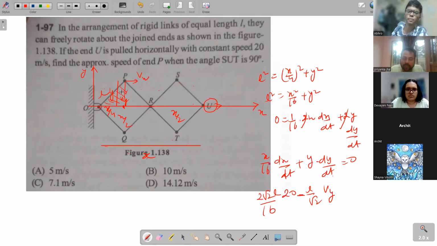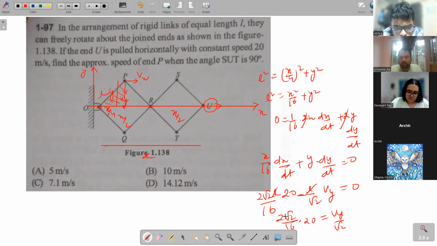Because the rate of change of y is the velocity of P along the y-axis and y is decreasing, this will be negative. So L is gone. Now you can see that 2 root 2 upon 16 into 20 equals Vy by root 2. This root 2 will go to this side. 2 into 2 is 4, 4 4s are 4, this is 5. So Vy is 5.